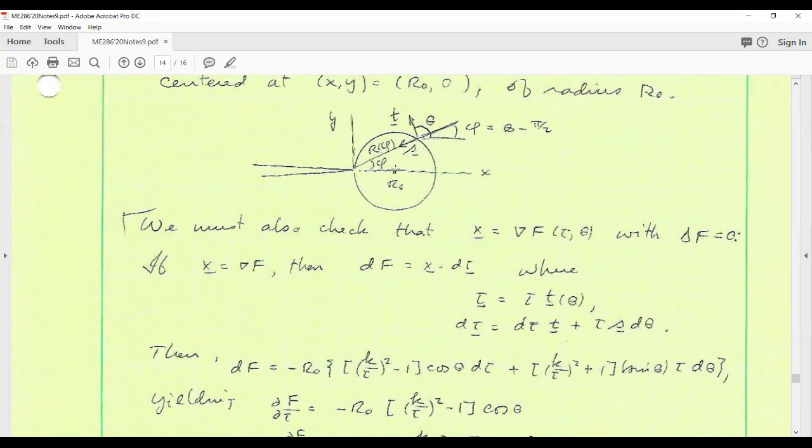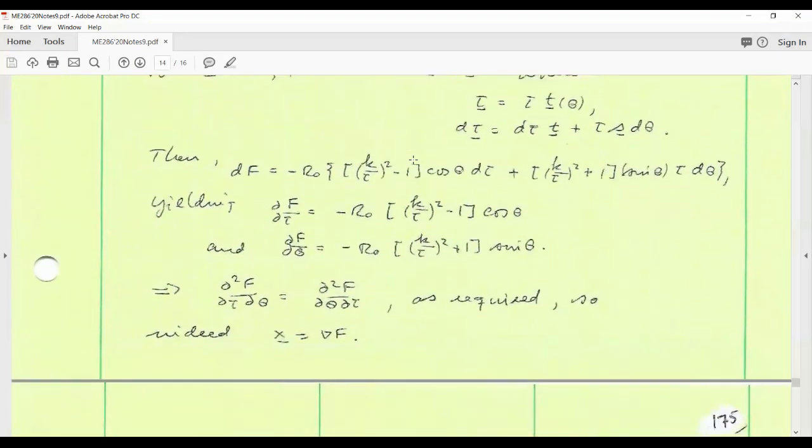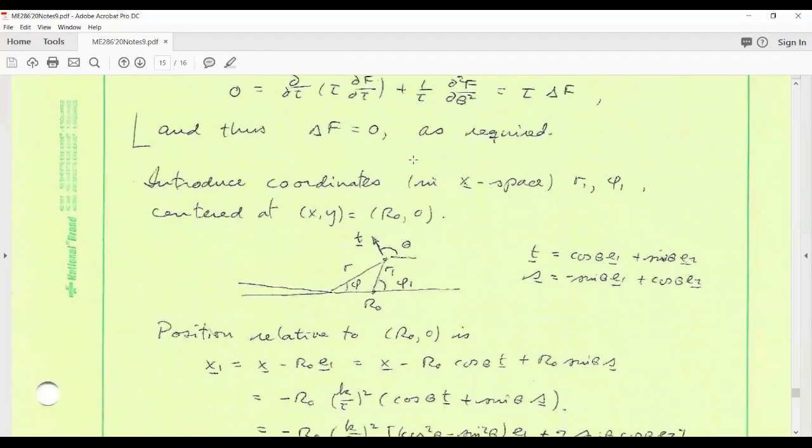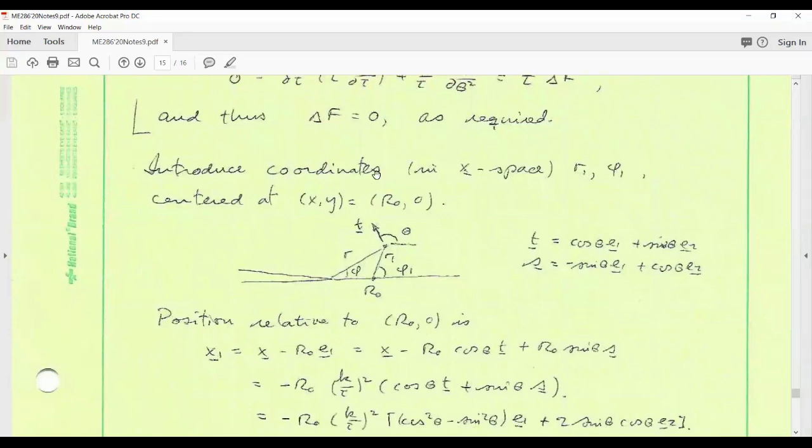So we'll use a different radius and a different azimuth. I'll call the radius, instead of r as we did before, r1. Instead of phi, I'll call it phi1. So these are coordinates.